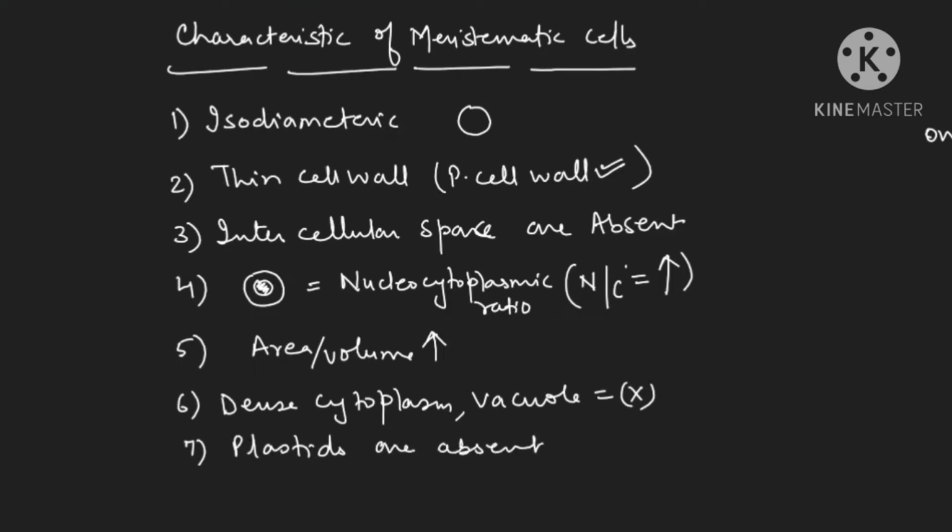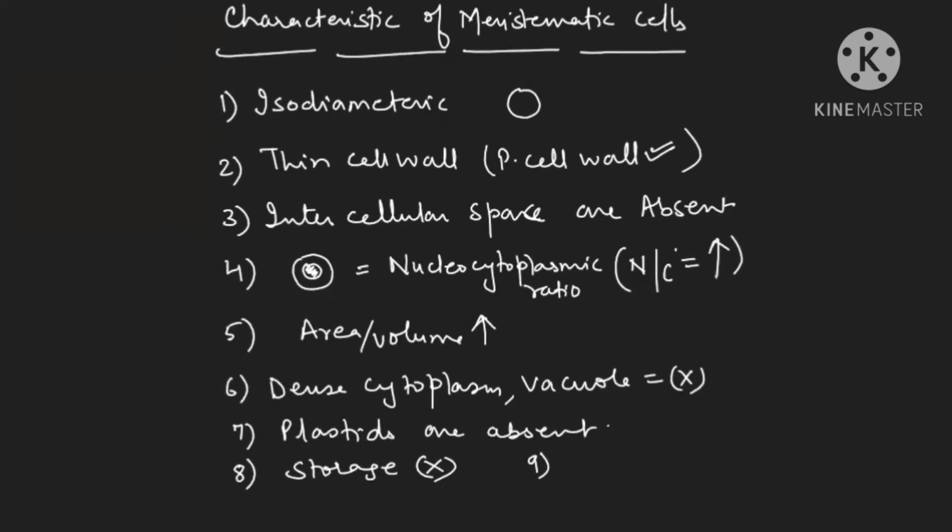The simple logic is, when plastids are absent, the storage food is also not there. When they can't store food, they will not store ergastic substances also. I'm writing the 9th point here: ergastic substance storage will also be absent. So these are the characteristics of the meristematic cells.